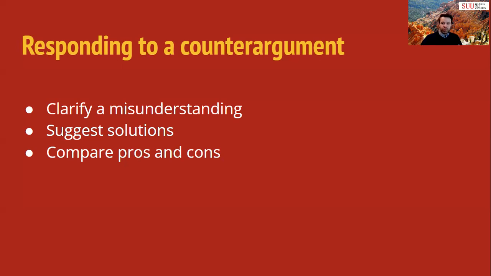But what you can do is show that there's lots of advantages to your argument and that the disadvantages, or the cons against your argument, are quite small in comparison to all the advantages. So even though maybe we can't fix some of these problems yet, or they will bring some disadvantages, overall the advantages outweigh the disadvantages.